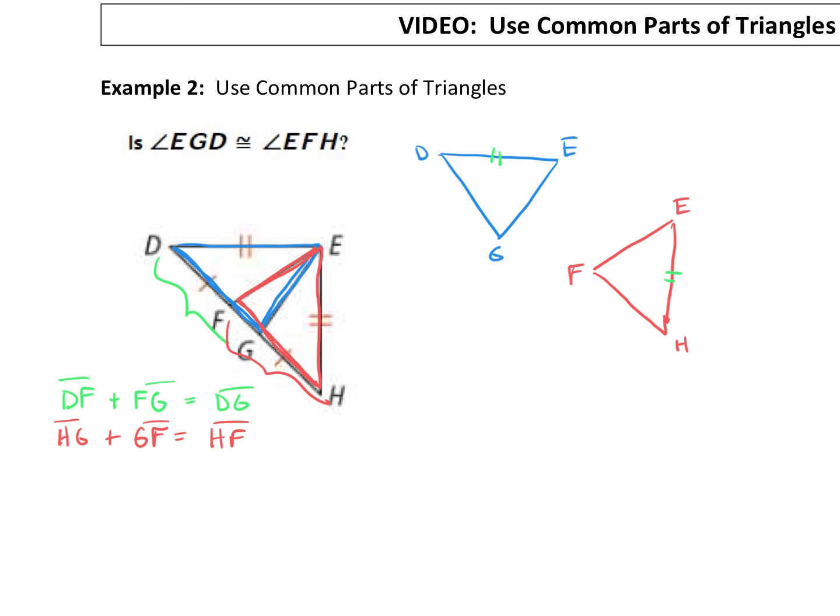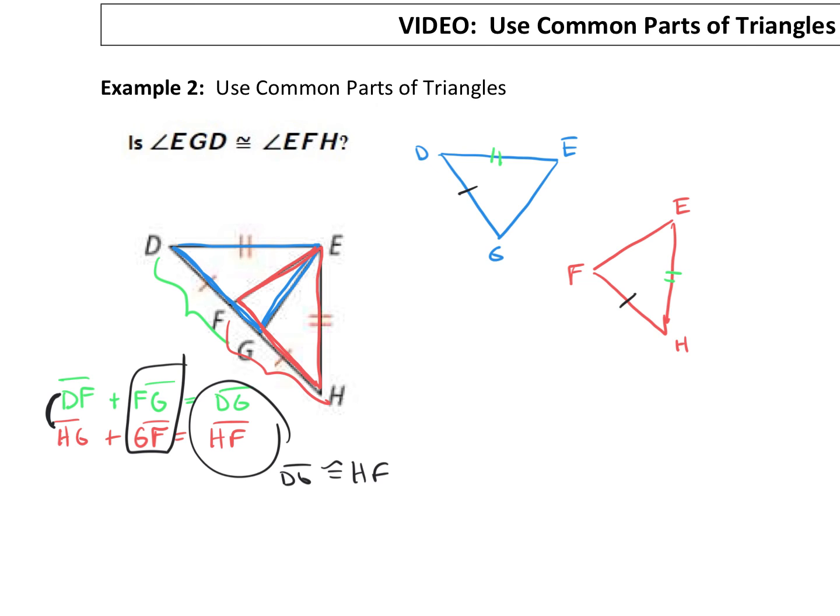So DF plus FG and HG plus GF, we're adding on the same segment to congruent segments. Those are congruent, DF and HD. Therefore, these must be congruent: DG is congruent to HF. So let's go ahead and mark that in the picture. We just said DG was congruent to HF.